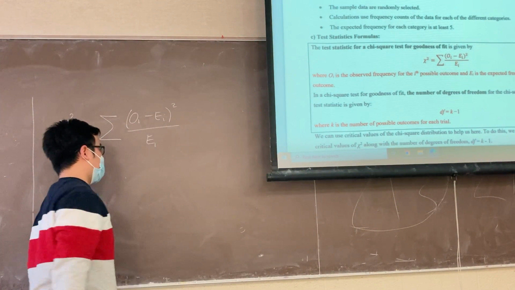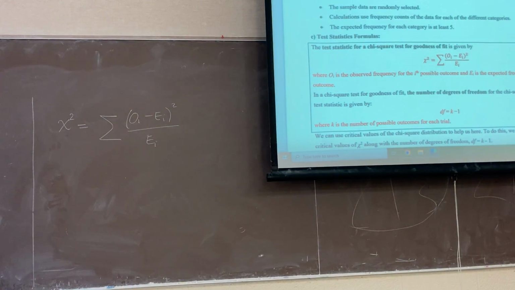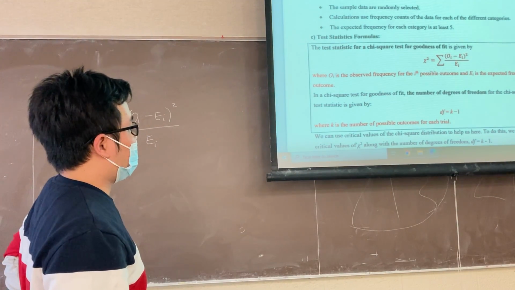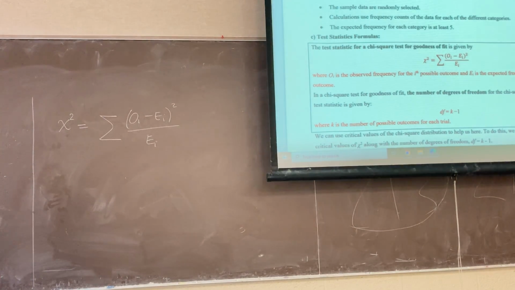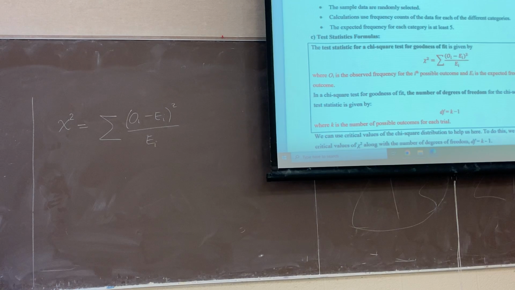So I will show you what it means. Oi is the observed frequency for the i-th possible outcome, and Ei is the expected frequency for the i-th possible outcome. When you look at this, maybe you will be confused.